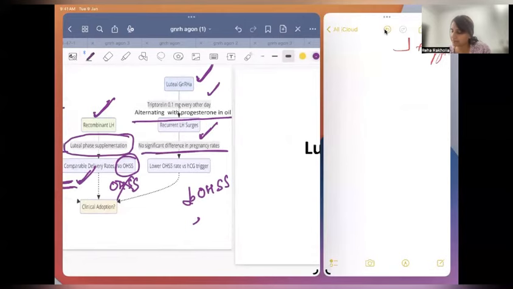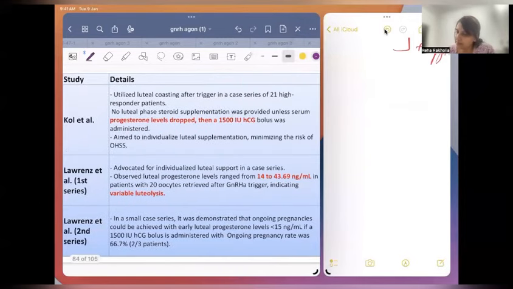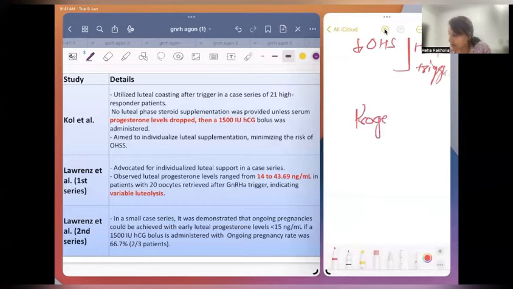Okay. Now, luteal coasting. What is luteal coasting? We'll explain with the table. In luteal coasting, progesterone is monitored.